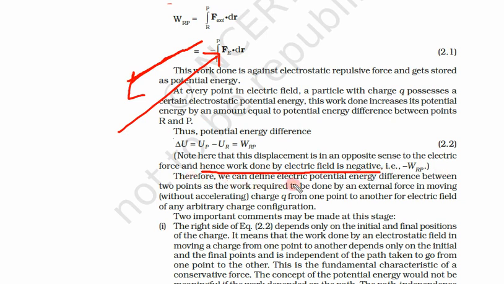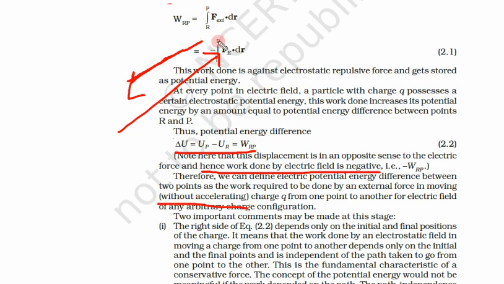Now therefore we can determine the electric potential energy difference between 2 points. As we discussed, we always determine the difference between 2 points as the work required to be done by an external force in moving without acceleration.